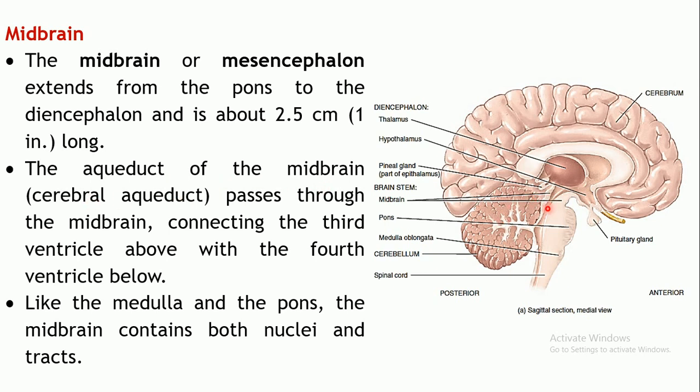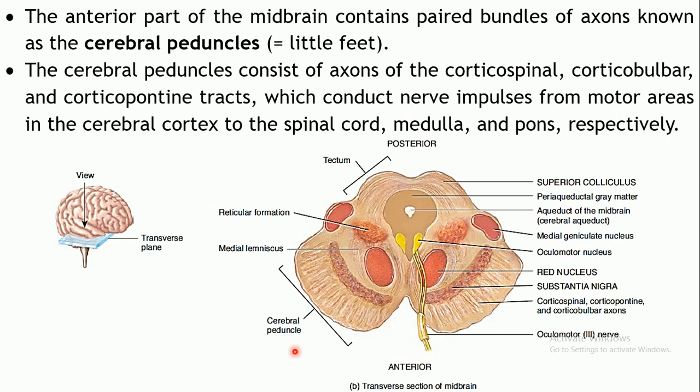This is the one which conveys the cerebrospinal fluid from the 3rd ventricle to the 4th ventricle. So that opening is present in the midbrain. Also, just like the medulla and pons, the midbrain also contains nuclei and tracts.